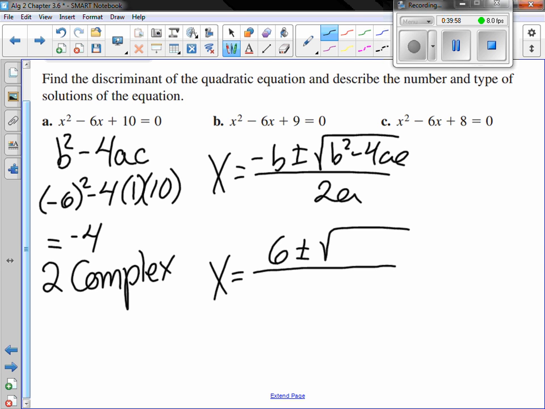I'm going to worry about the square root here in a second. But 2a would be 2 times 1, which is 2, yes? I don't have to do b squared minus 4ac for this one. I don't have to plug it in. Because what is b squared minus 4ac for this problem? We already found it. Because doing this here pretty much told me what it was.